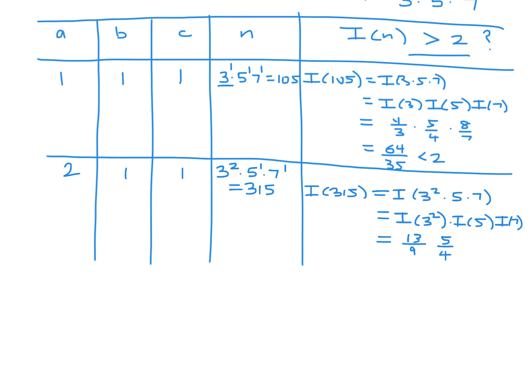I think I made a mistake up here somewhere. Yeah, this should have been 6 over 5, because 24 over 20, reduced to lowest terms.